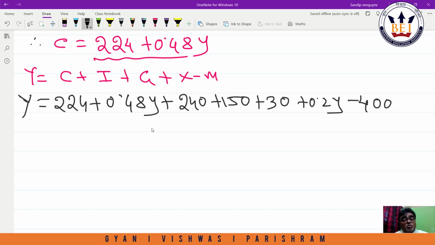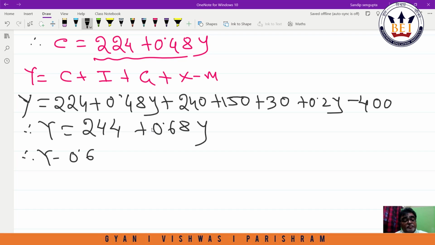Now, simply calculate carefully. By calculating, y is equal to 244 plus 0.68y. Therefore y minus 0.68y is equal to 244.